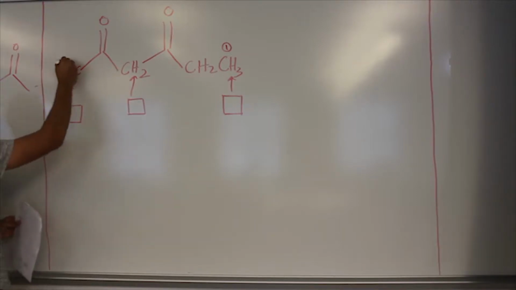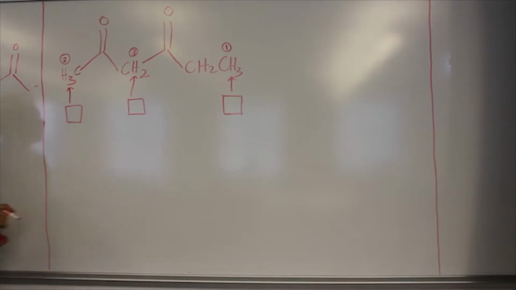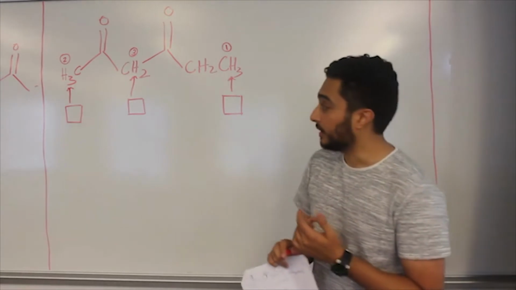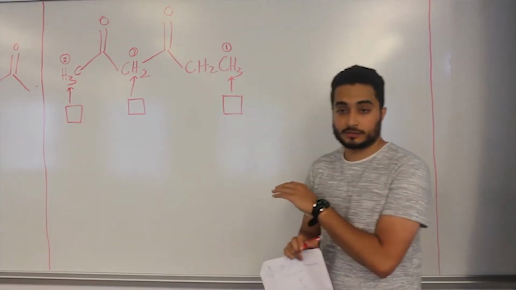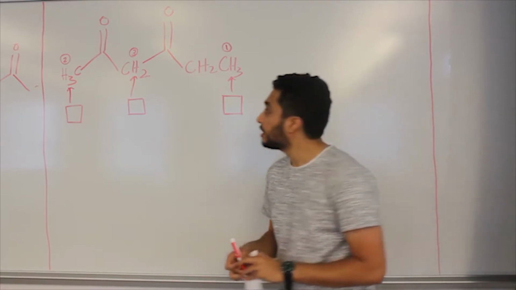Okay, so y'all are right. Does anybody want to explain why? The closer you are to oxygen, the higher acidity. Yeah, so if you can see, oxygen is a really electronegative atom, and it's the most electronegative one in this complete structure, right? Because the rest is just carbon and hydrogens.